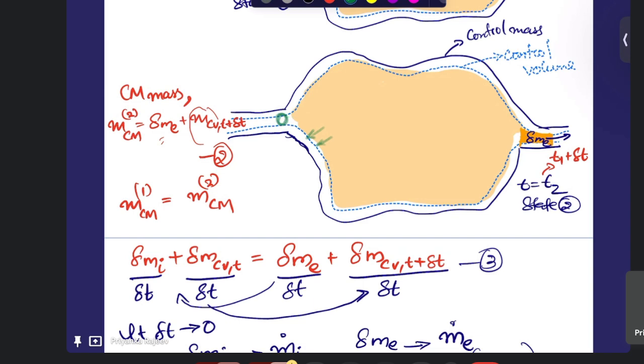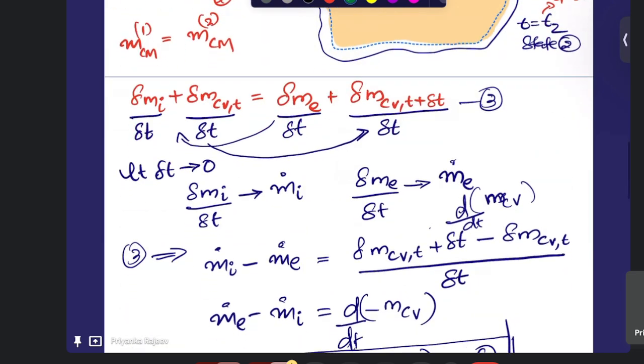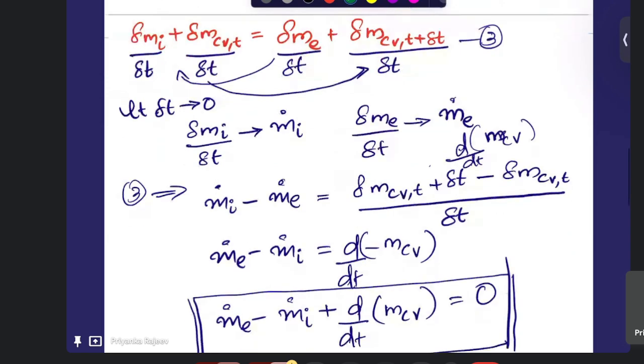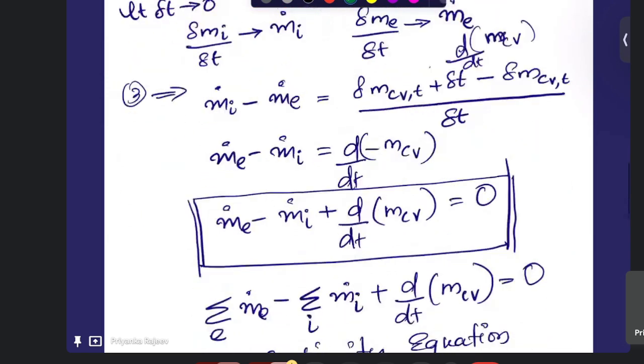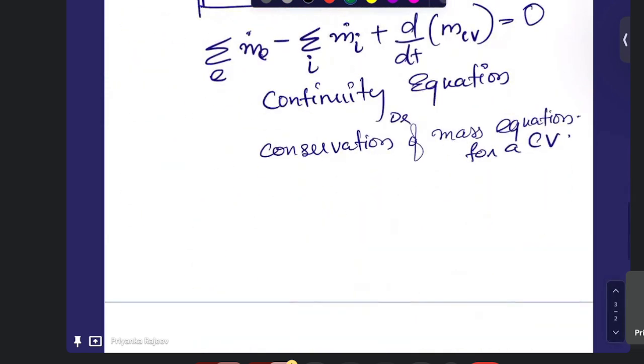So if you have to let any matter inside, you have to work against that pressure. You have to push that fluid element into the system against that pressure at that point. So you can quantify that pressure as force using this equation, right?